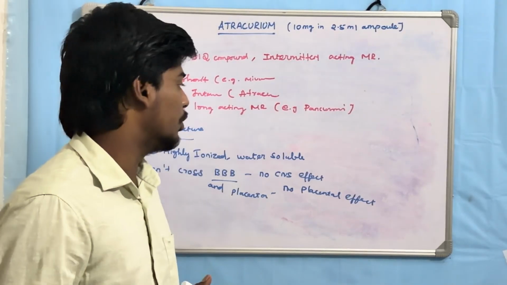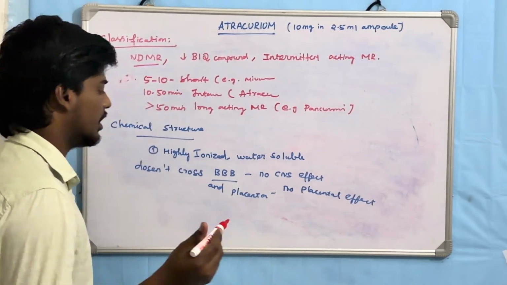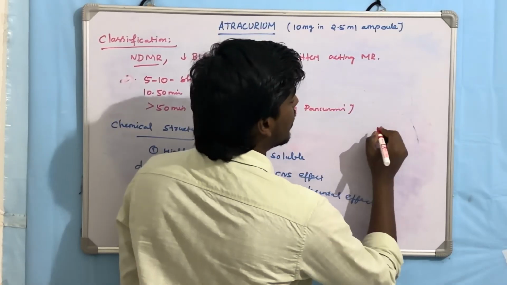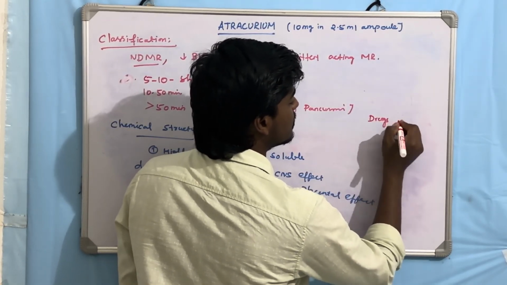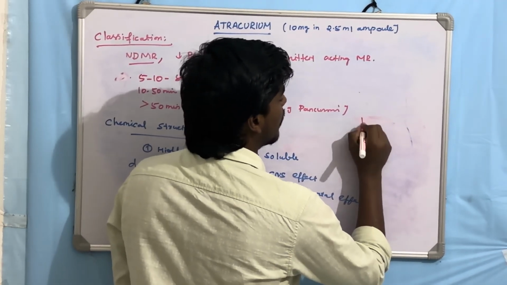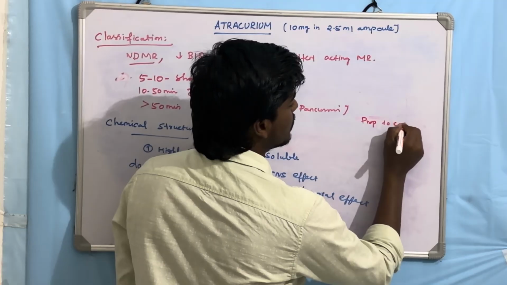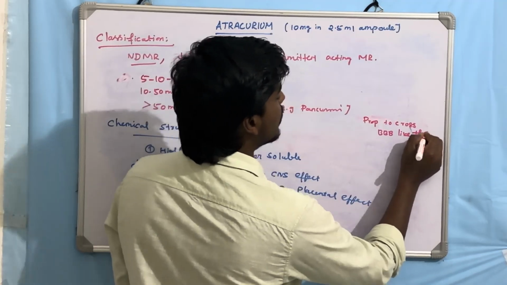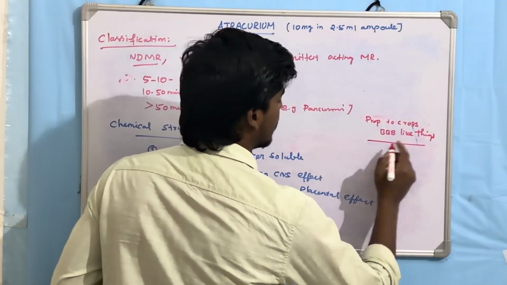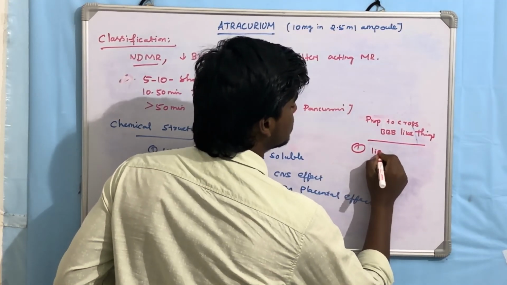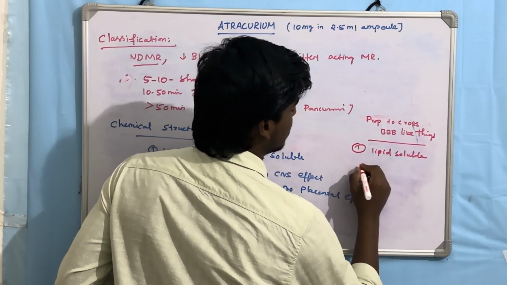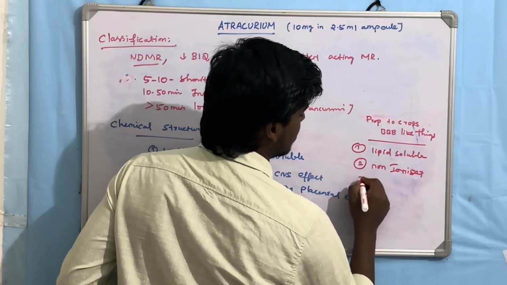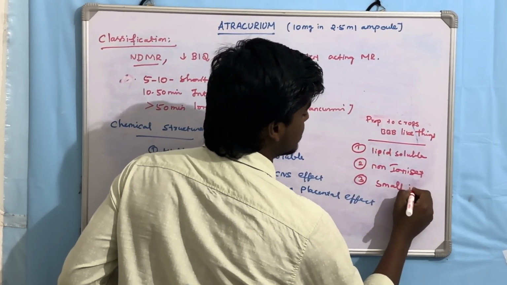We know this common rule about drugs. If a drug wants to cross a membrane barrier like the blood brain barrier or the placenta, it should have three properties: one, lipid soluble; another, non-ionized; and third, small in size.